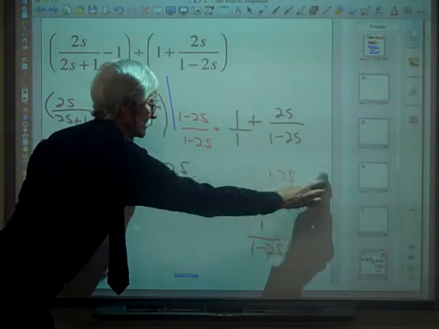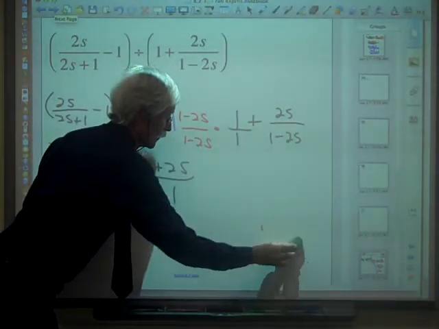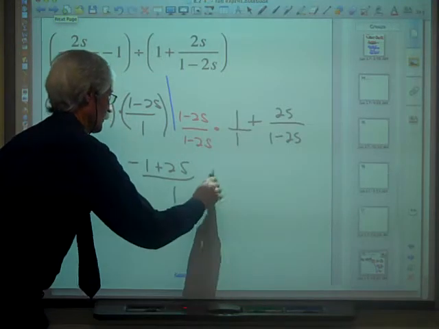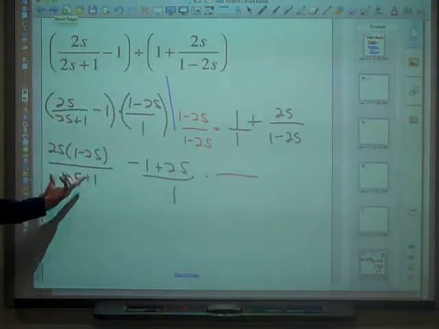Multiply by what's the common denominator?